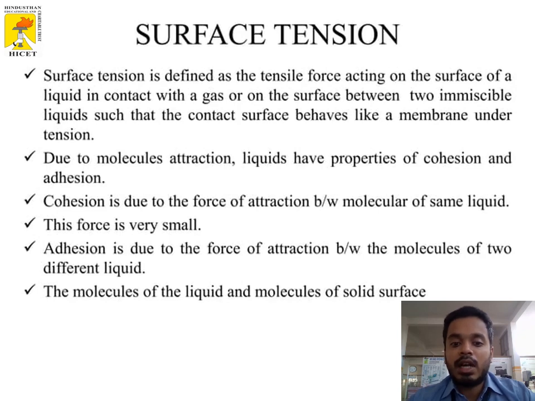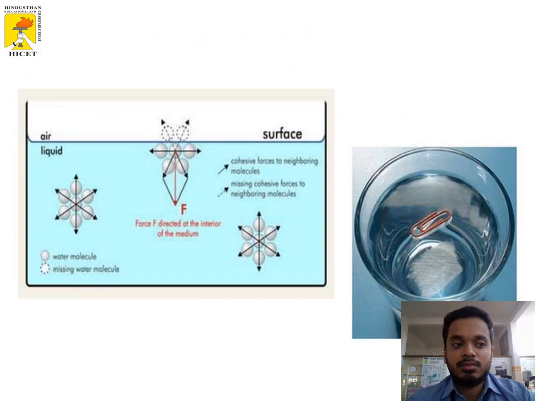Due to molecular attraction, liquids have properties of cohesiveness and adhesiveness. The cohesiveness is due to the force of attraction between molecules of the same liquid. This force is very small. Adhesiveness is due to the force of attraction between the molecules of two different liquids, or the molecules of the liquid and molecules of a solid surface. So this is an image representation.